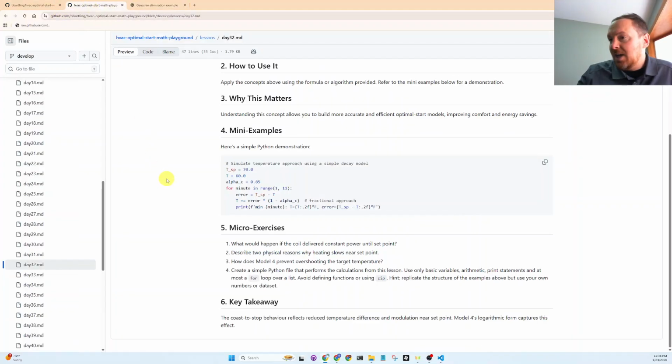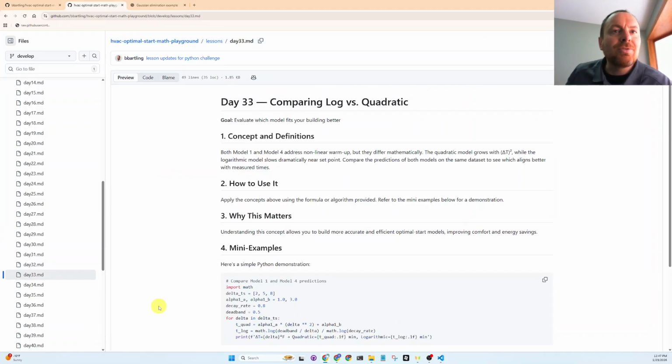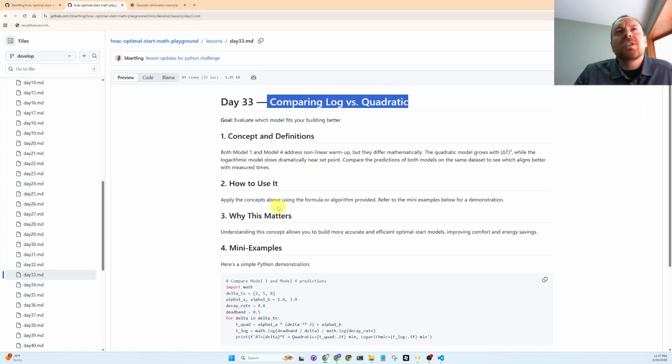Okay, so I think that's all we have for this video. It's kind of short, almost tempting to maybe plow through two. So comparing log versus quadratic, this is a good one because both of those have that same curved format. Model 1 and Model 4 address nonlinear warm-up but differ mathematically.